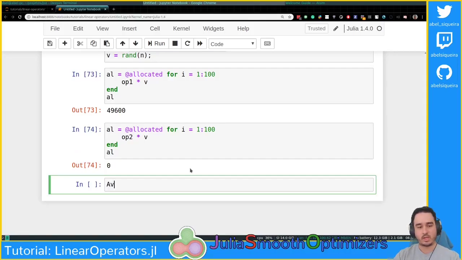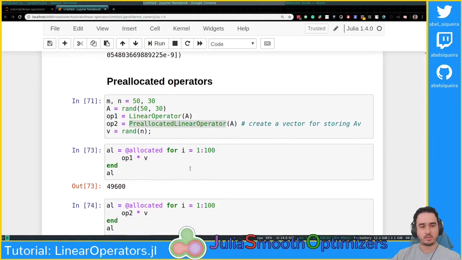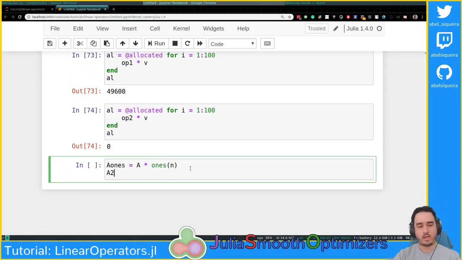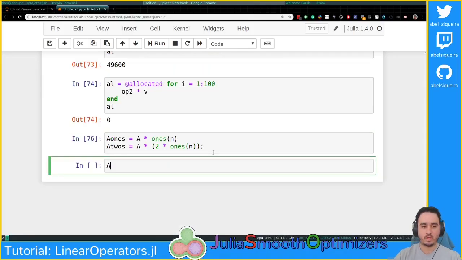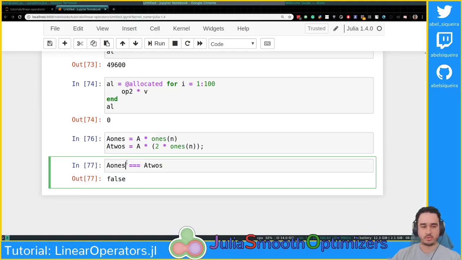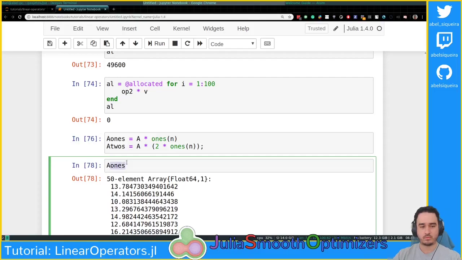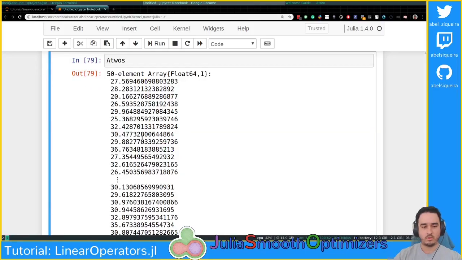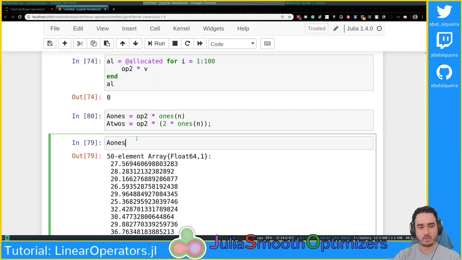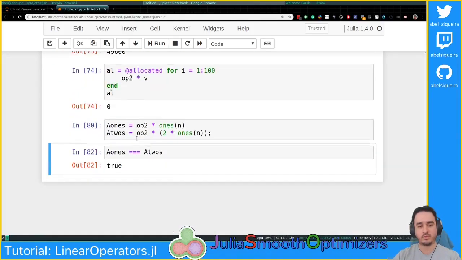So for instance, A1s is A times 1s, and A2s is A times 2 times 1s. Is A1s the same as A2s? Maybe not. Because it's not A, of course, it's OP2. Oh, that was scary. A1s is the same as A2s, okay?